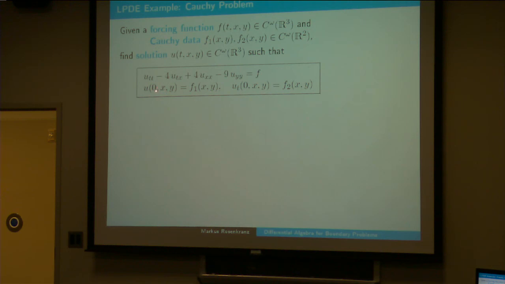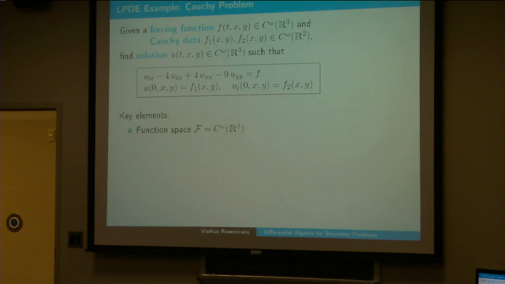So if you think of t as the time, yeah, then at the start I'm prescribing the function u and its velocity. Its first derivative with respect to t. Okay? So that's the Cauchy problem here. And here, for some reason, I'm assuming holomorphic functions of 3, or in the case of the boundary conditions, 2 variables. Solution is again a trivariate holomorphic function.